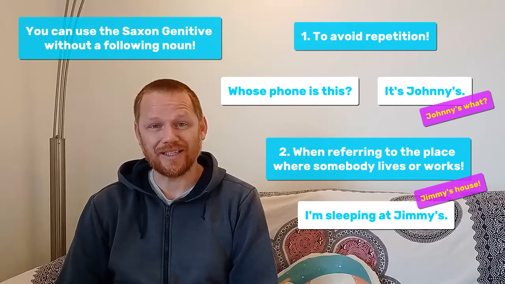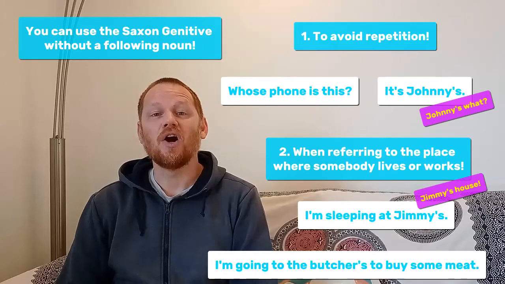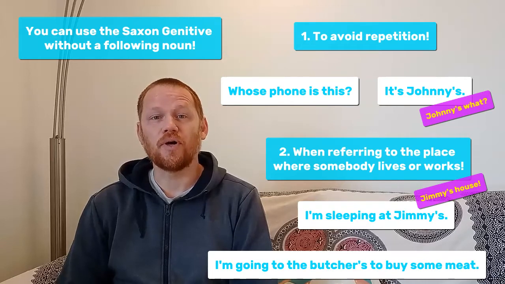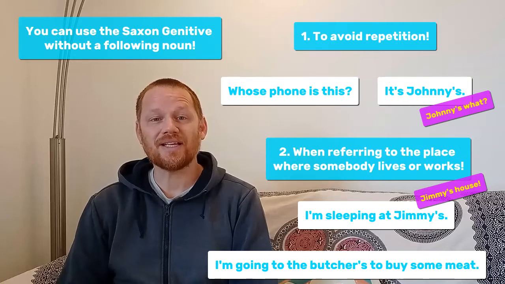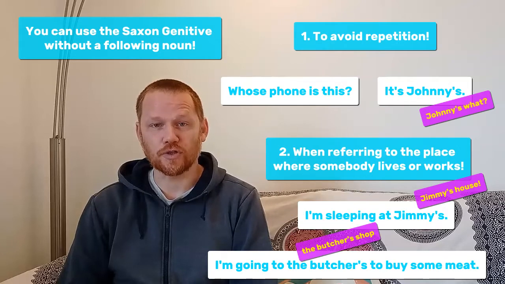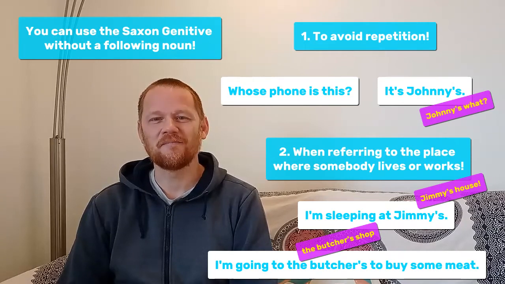Both are perfectly okay. Second example, I'm going to the butcher's to buy some meat. So again, it's not necessary to say the butcher's shop. It is obvious that we're going to the shop to buy some meat, so we use the Saxon genitive without a following noun. I'm going to the butcher's to buy some meat. Okay? Good.